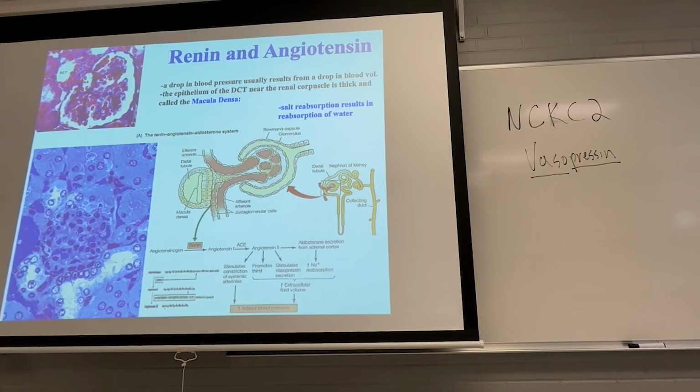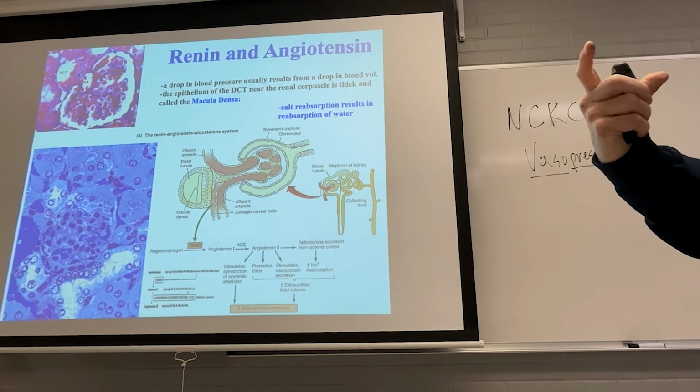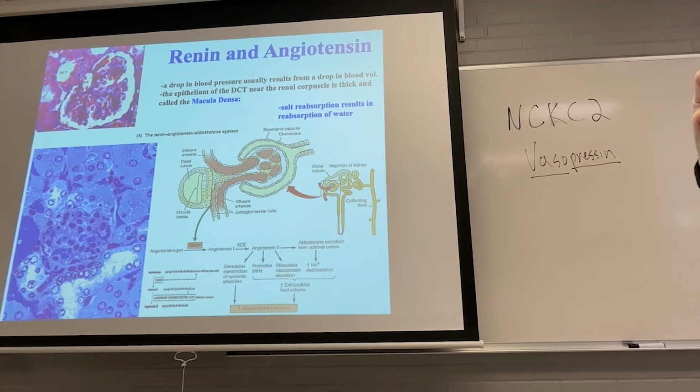What I mean by that is the fluid leaving the DCT is the end product of tubular reabsorption and secretion, isn't it? Because it's what dumps into the collecting duct. And you're also really close to where filtration happens. So you're monitoring filtration and your end product at the same time.